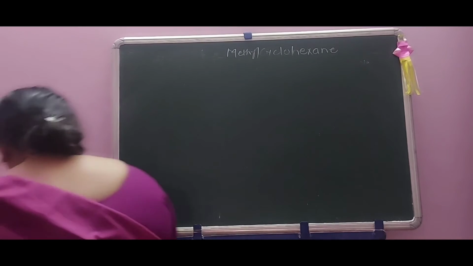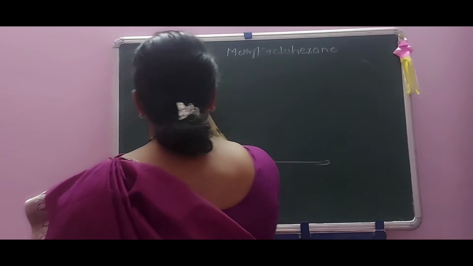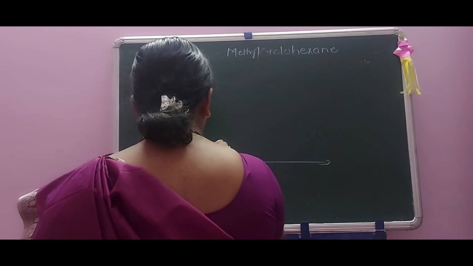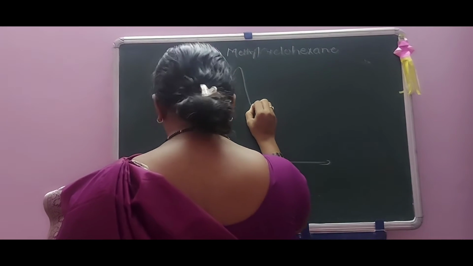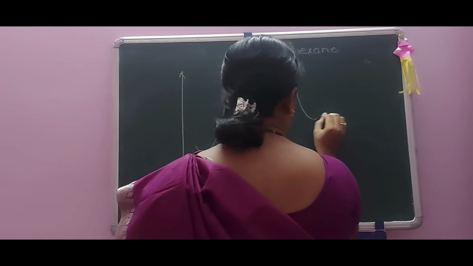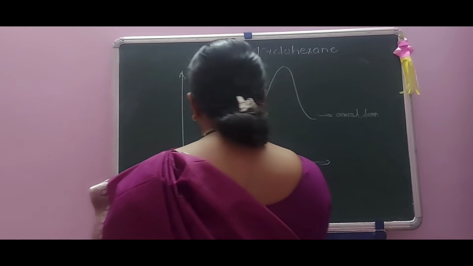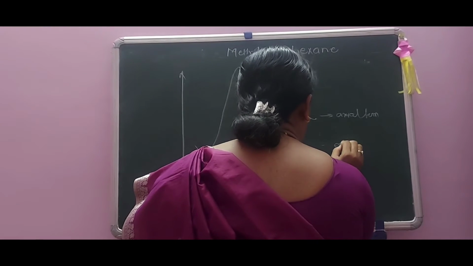As far as the diagrammatic representation is concerned, this is the axial form and this is the equatorial form.